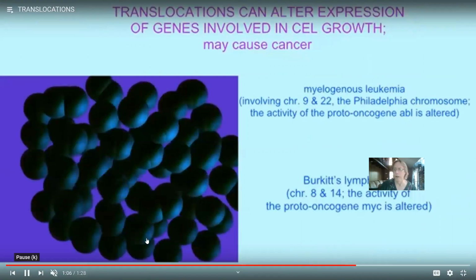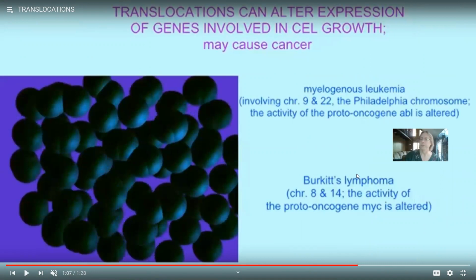And there are famous ones because there are parts of specific chromosomes which are more prone to break. They're chromosomal breakpoints. And so there are specific cancers which have names or even chromosomes. This is known as, say, the Philadelphia chromosome, if you have a translocation between chromosomes 9 and 22, or Burkitt's lymphoma between 8 and 14.